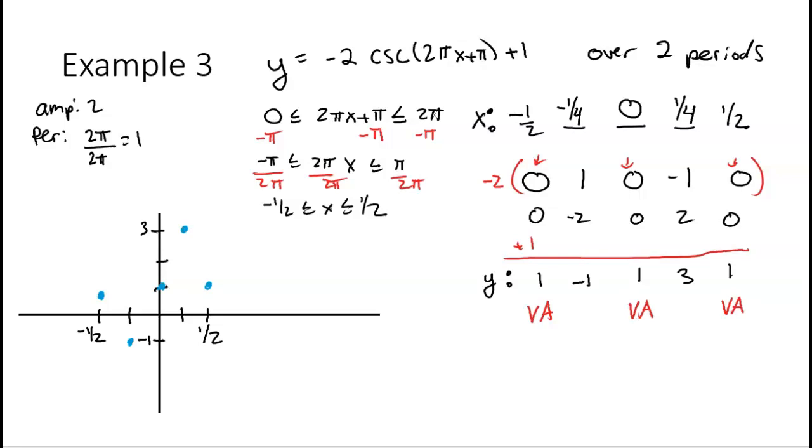But again, my first number and my third number, it's always hard to see when it's on the axes, and my fifth number are all going to be asymptotes. So I'm not going to cross my vertical asymptotes. It's going to look like that.